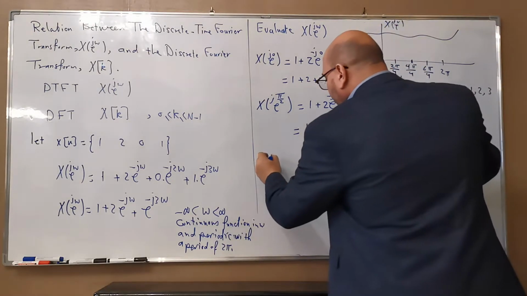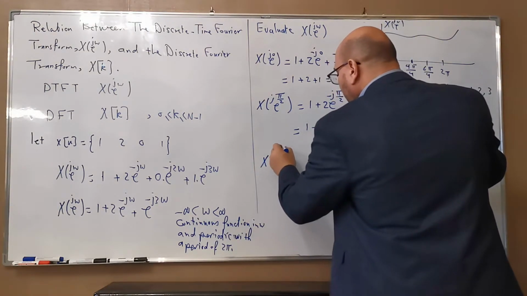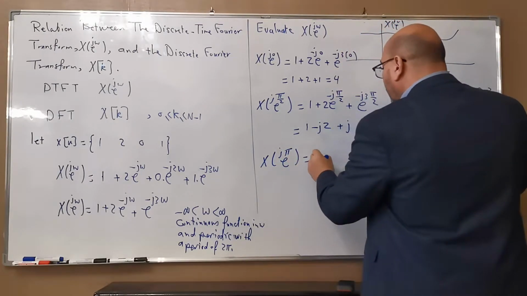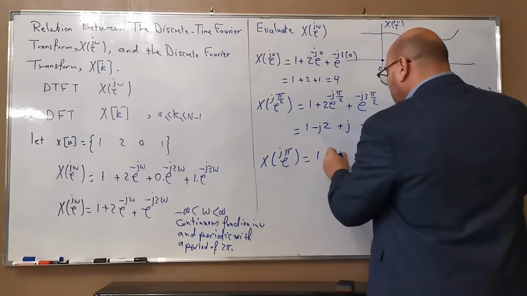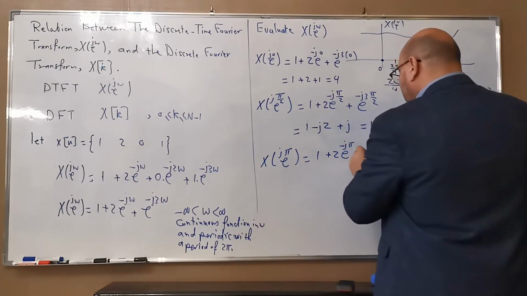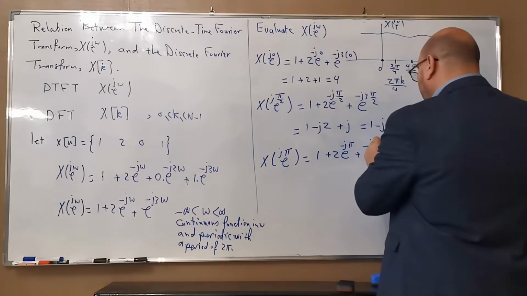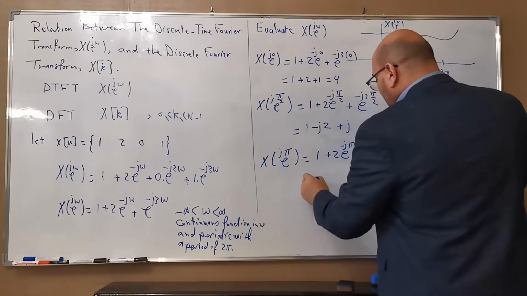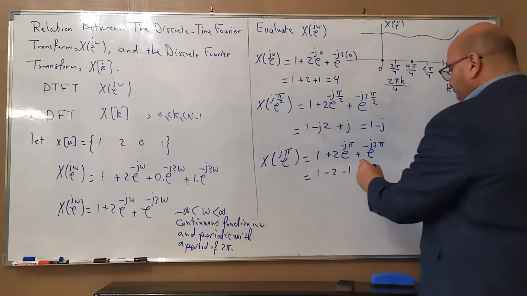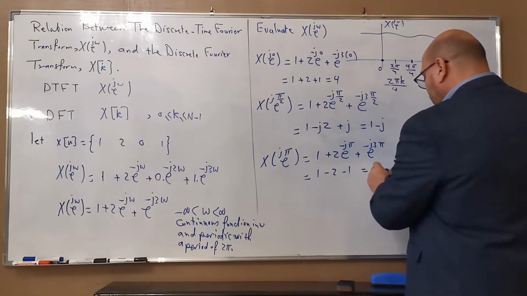And the third one is X(e^{jπ}). So this is 1 plus 2e^{-jπ} plus e^{-j3π}, which equals 1 minus 2 minus 1, and this equals minus 2.